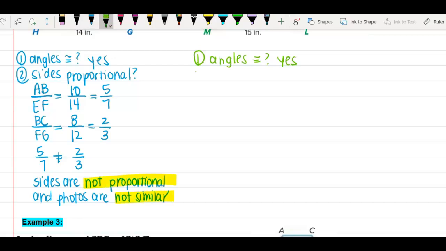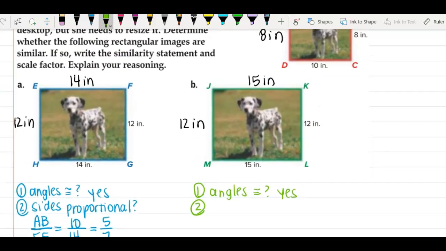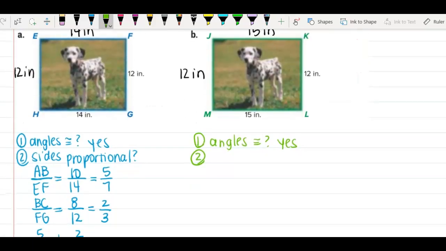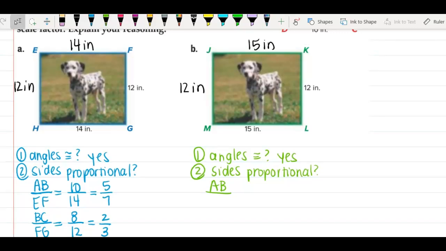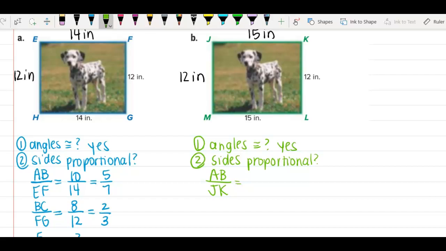But if we look at the green one, we could do the same thing. Let's look at the top, AB. Oh, yes, I should write it out. AB should go with JK. So 10 over 15. Take a 5 out, so 2 over 3.